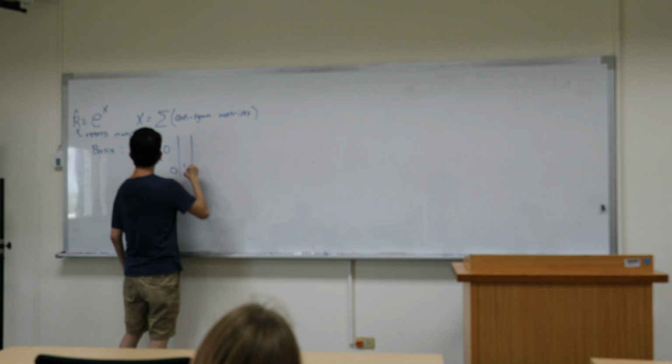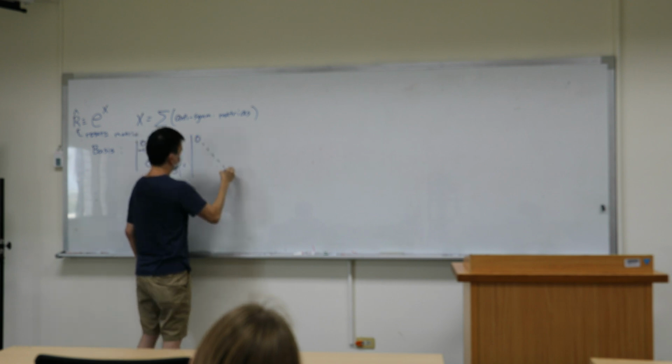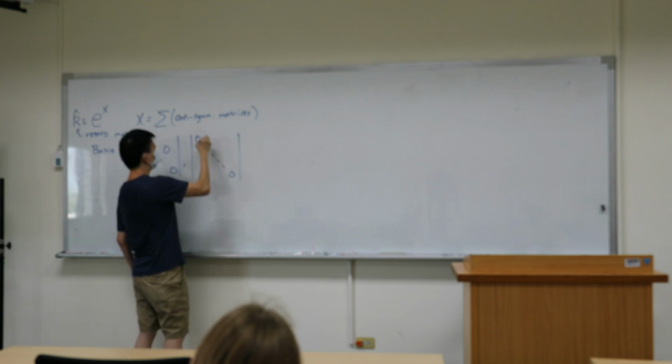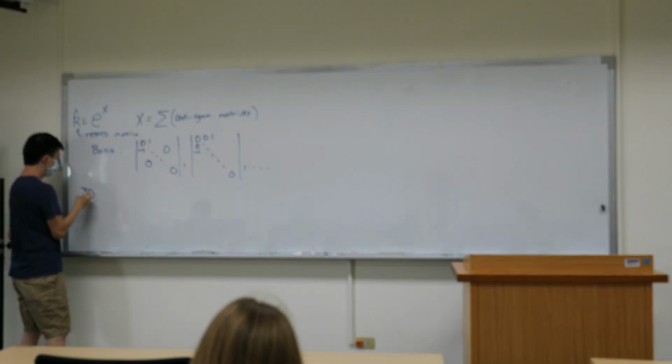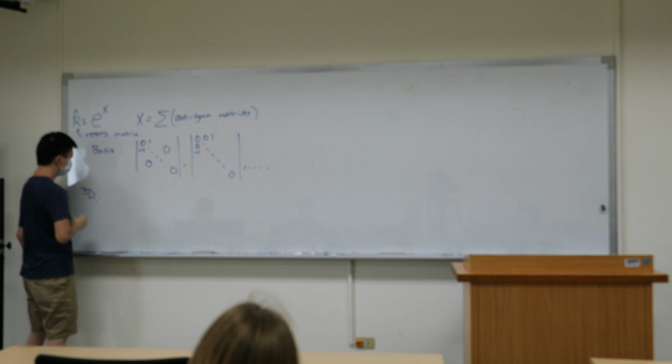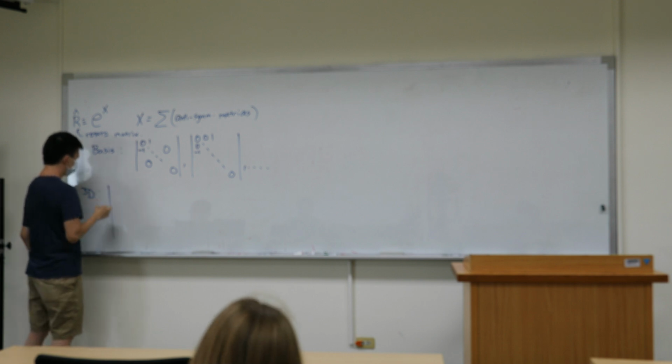Then if you keep going, 0 on the diagonals, and then 0, 1, and then this would be 0, -1, and so on. Actually, let's do the 3D example. We did a 2D case. If you do the 3D case, it will look like this: 0, 0, 0, 1, -1.